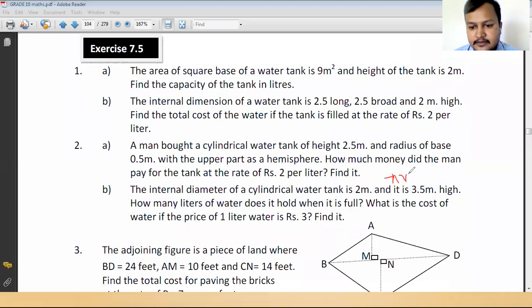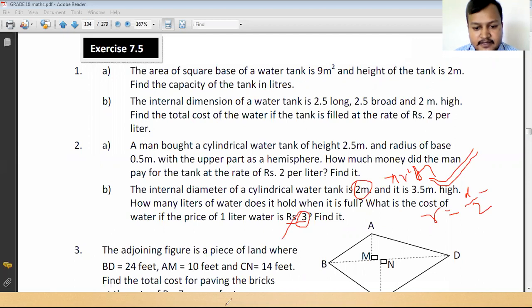Where radius is not given but diameter is given, first find the radius: radius is equal to diameter divided by 2. Then use this formula to find the volume and convert that volume into liters. And again the question is, what is the cost of water if the price of 1 liter of water is rupees 3? After converting volume into liters, multiply it by 3.